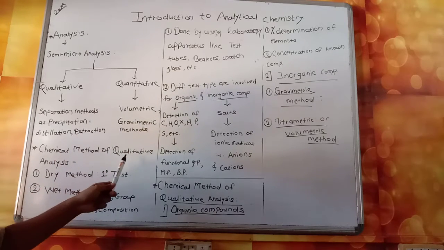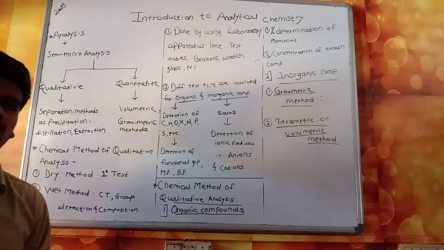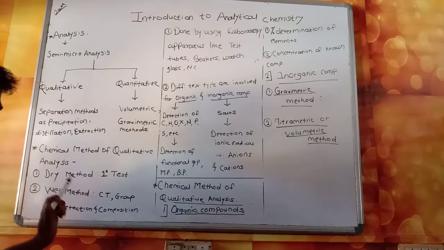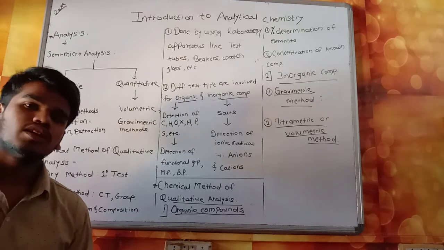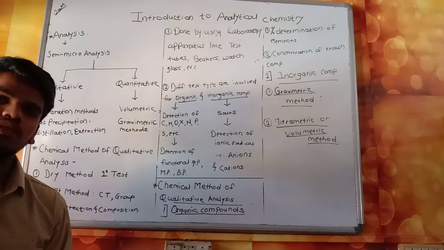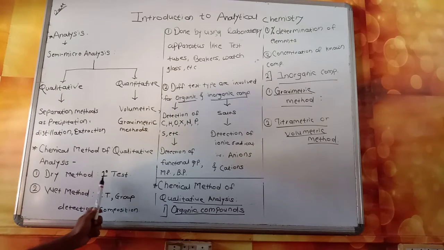Now chemical method of qualitative analysis. So chemical methods for qualitative analysis involve two methods. First is dry method and second is wet method. In dry method, the sample is not dissolved in any kind of solution, so it means it is used as it is provided. Okay, so it is used for the preliminary test.